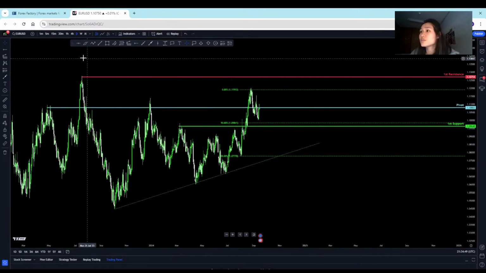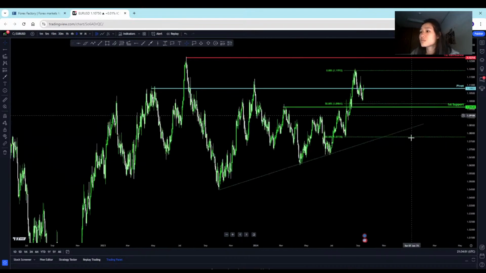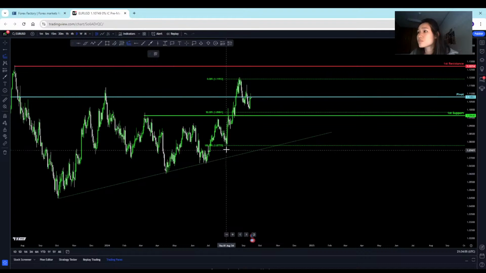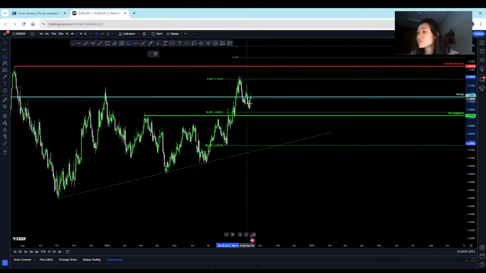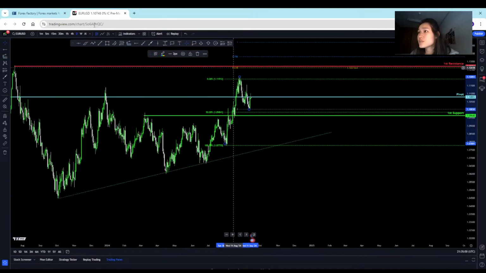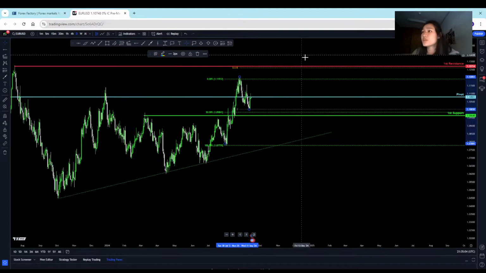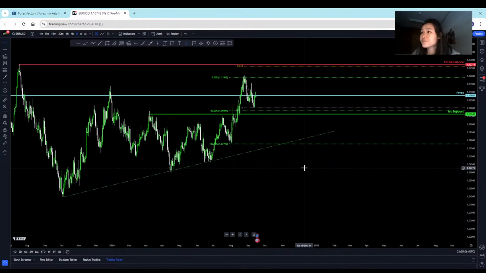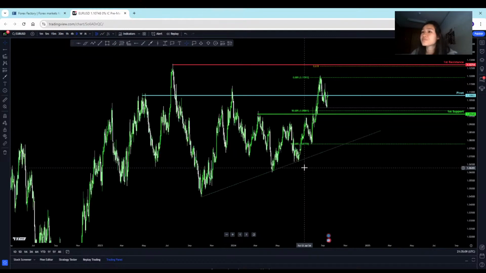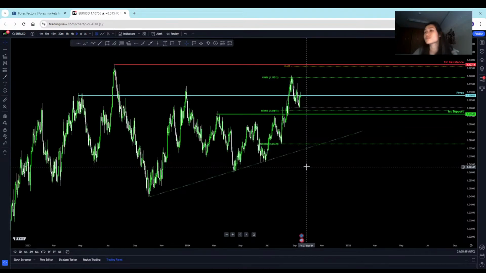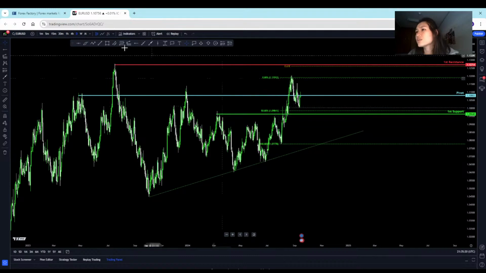Okay, my 61.8 lines up nicely with our first resistance. Okay, I think that might be all the levels that we have.